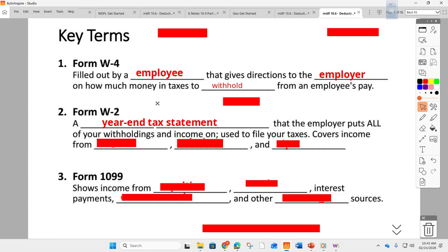You should have your W-2 form. It should be provided, or you should have digital access to this form by your employer already. It's a statement that the employer puts all your withholdings of income on, and it's used to file your taxes. It covers wages, salaries, and tips.